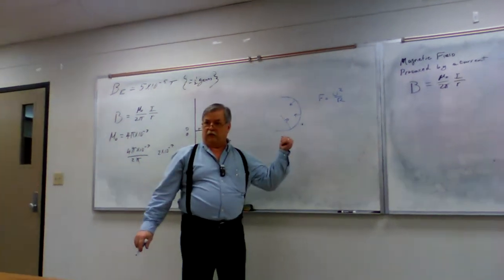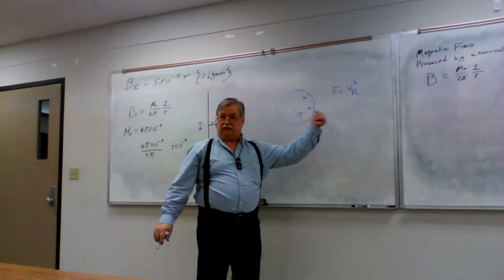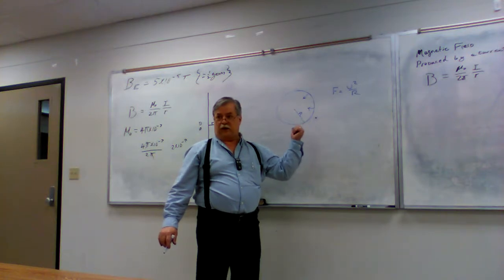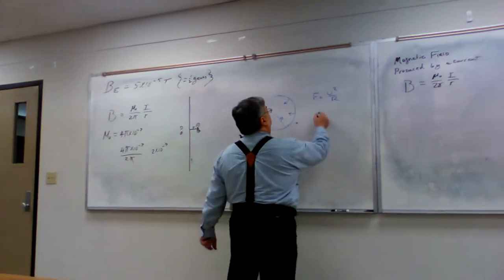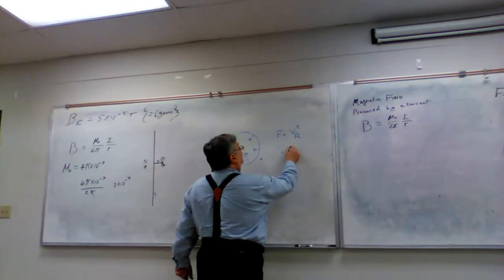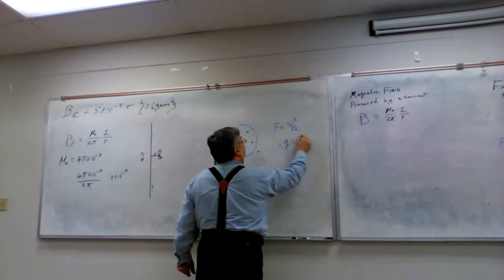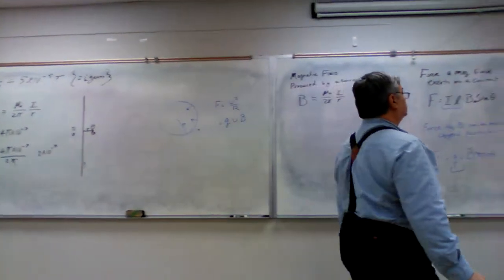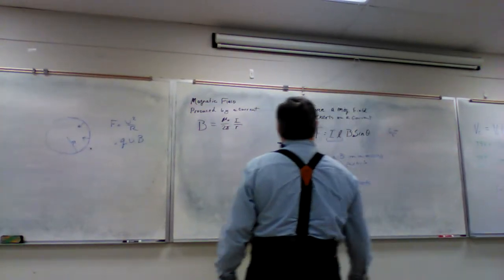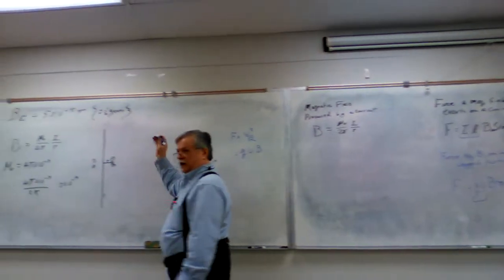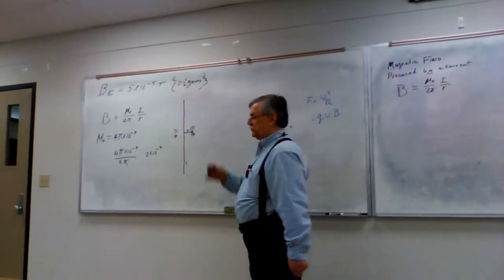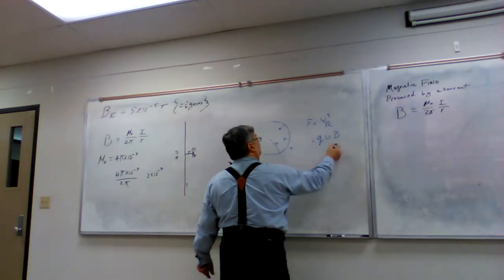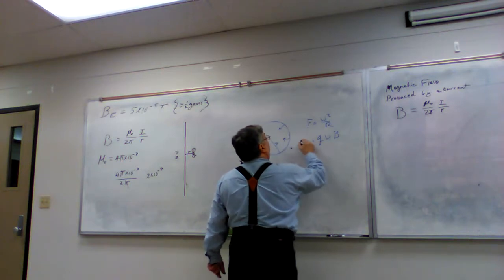But we know the force that the magnetic field produces on that charged particle will always be QV times B. Because the field is everywhere perpendicular, it's uniform, it's always perpendicular. So sine theta is always equal to 1.